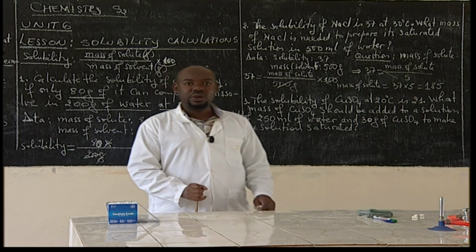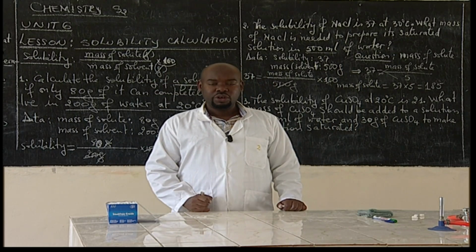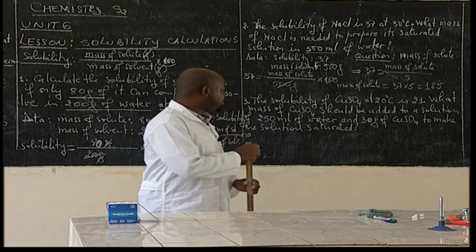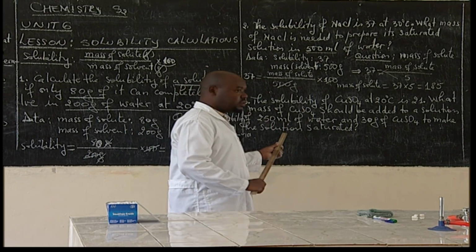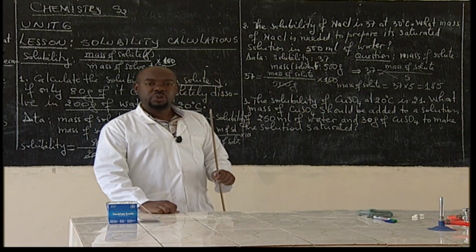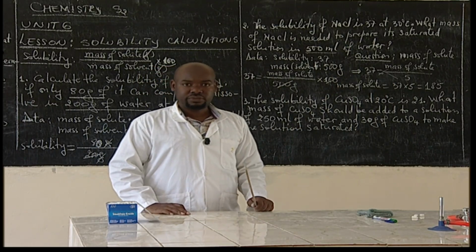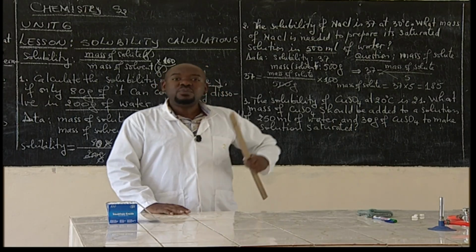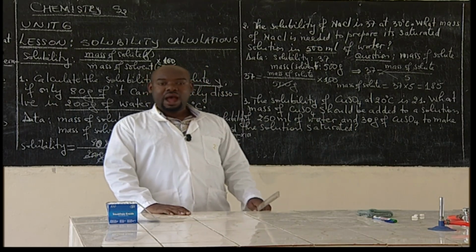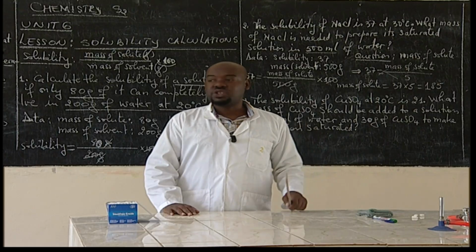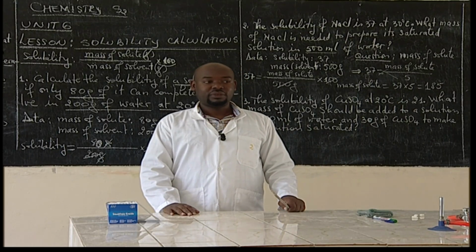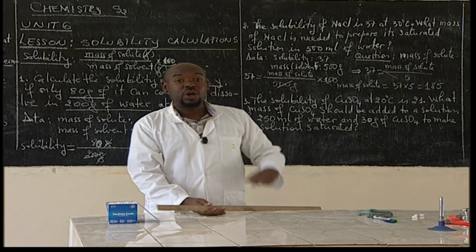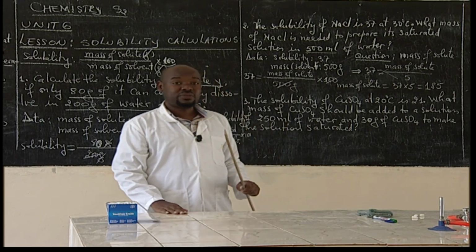Now we are starting with a solution. We have already prepared a solution. But as you can see from this question, the solution we have prepared is not saturated. So what we have to do is to add more solute to make the solution saturated. But how do we know the mass we are going to add? That is the question.